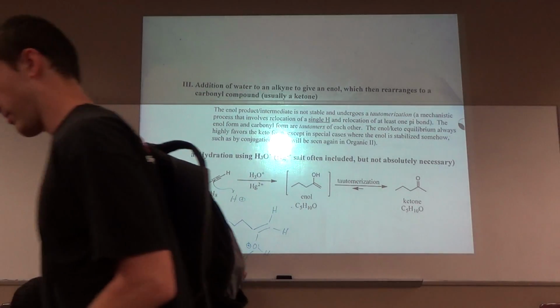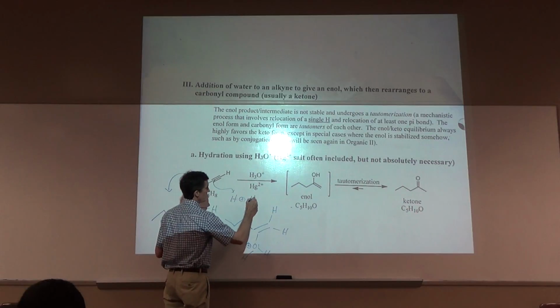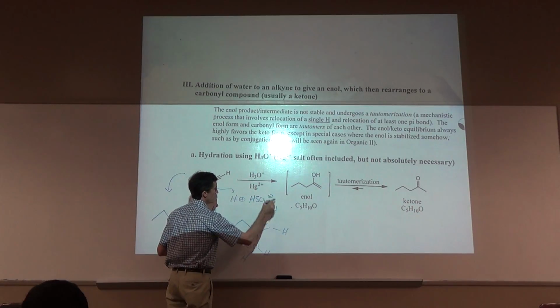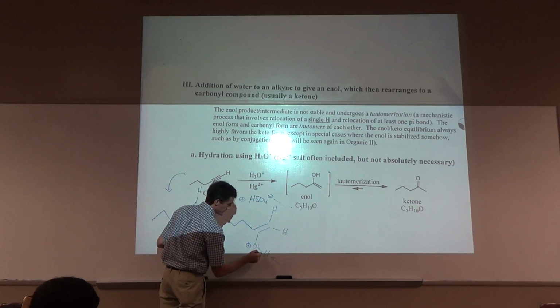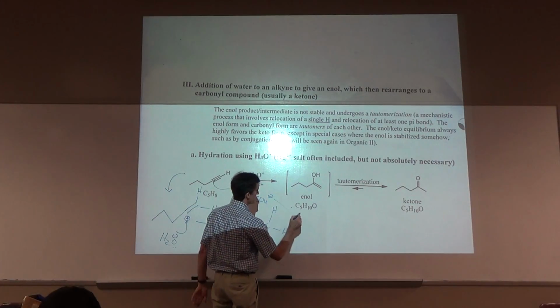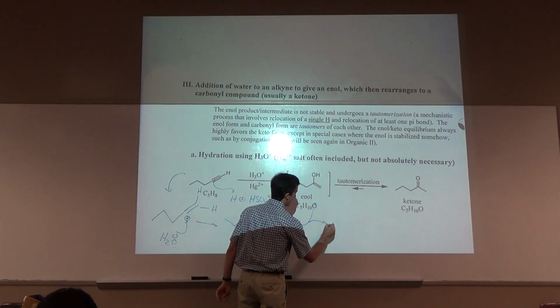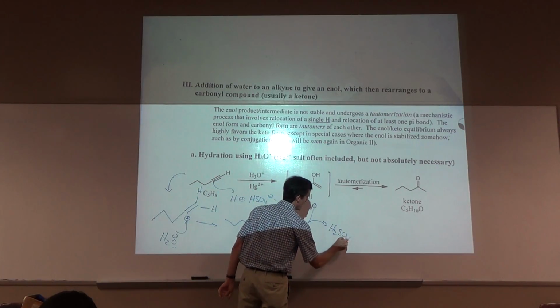Then lose the H. This is probably like sulfuric acid. We have HSO4 minus. This can take an H, leave electrons behind, and this would give the enol. And we would reform H2SO4.